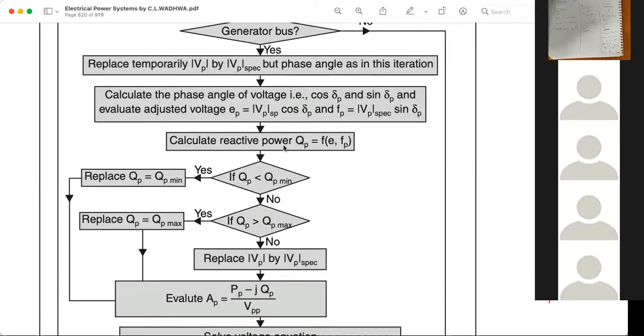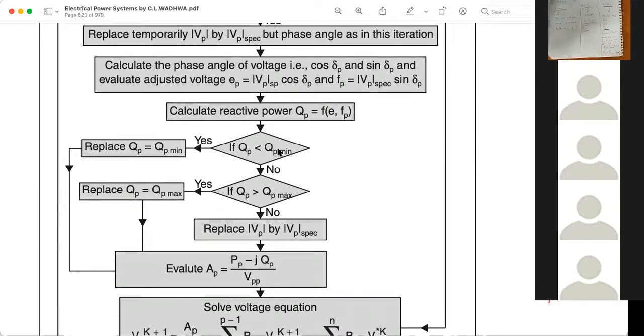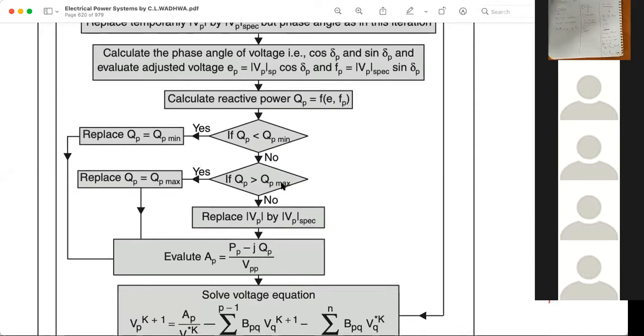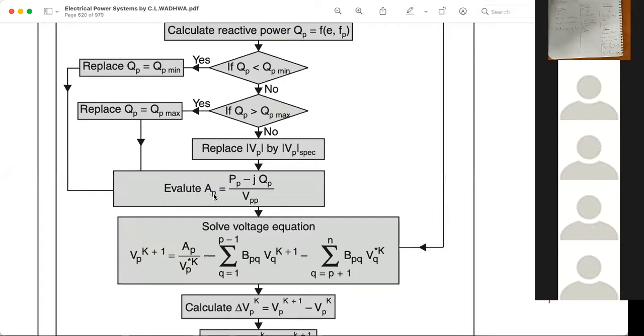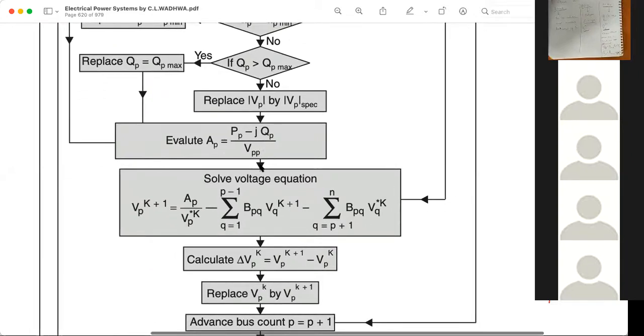Then we will calculate reactive power, that is Q_p, by the formula which we have derived. If Q_p is less than Q_p minimum, then we replace Q_p by Q_p minimum; else, if Q_p is greater than Q_p max, then we replace Q_p by Q_p max. And now we will replace V_p by V_p specified. Then we will evaluate A_p, that is (P_p minus jQ_p) upon V_pp, and on the basis of this, we will calculate the voltage at that bus.